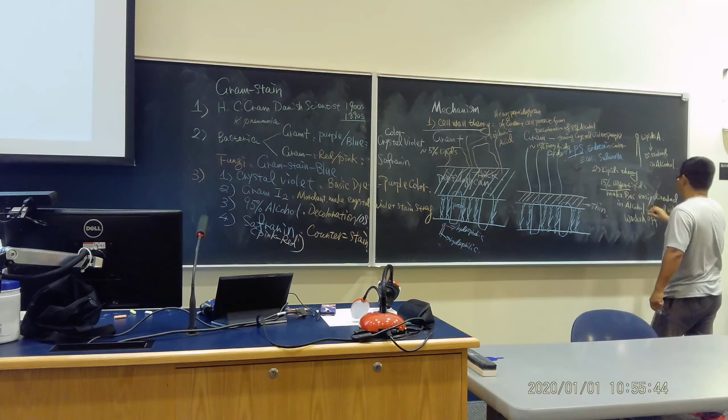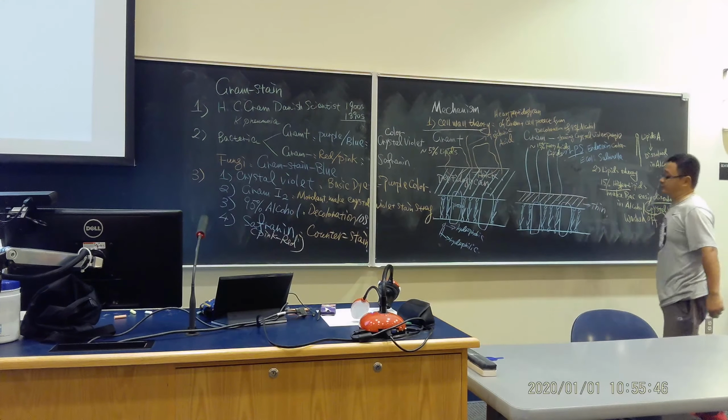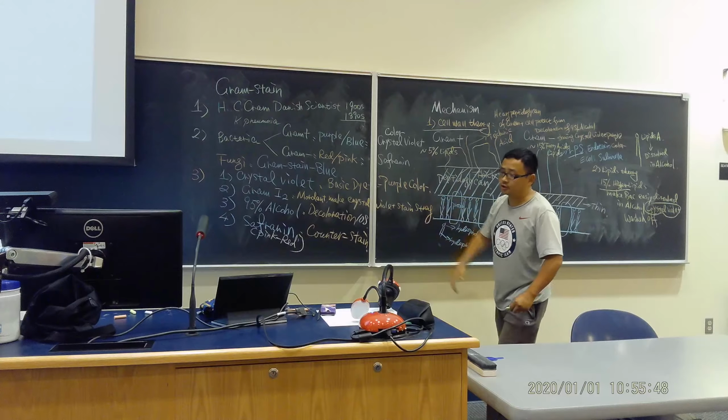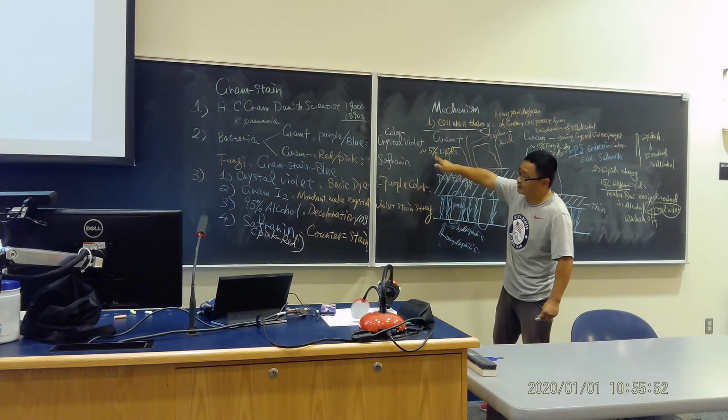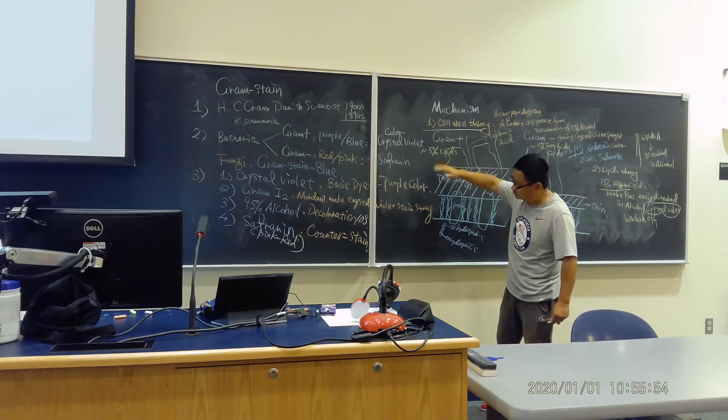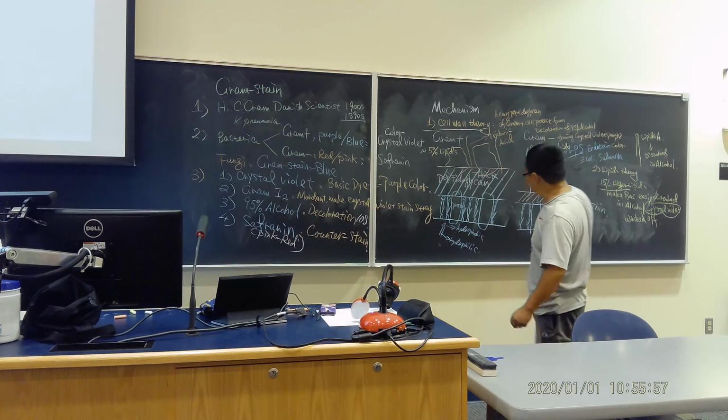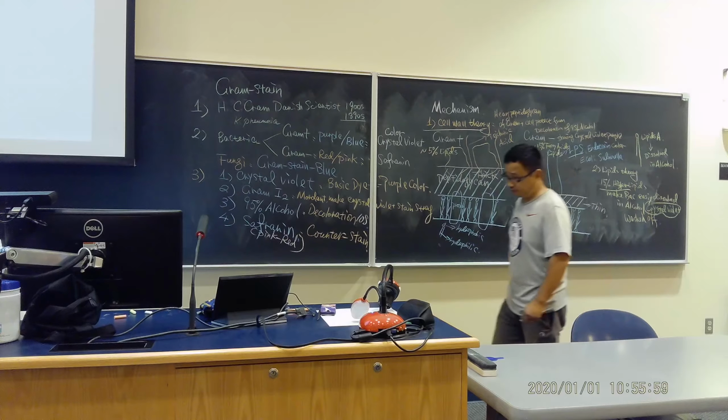Because the lipids contract with crystal violet, when you put the alcohol, it's easy to remove. For gram-positive bacteria, there is a very limited amount. It's not going to help too much. So that's the second theory, the lipid theory.